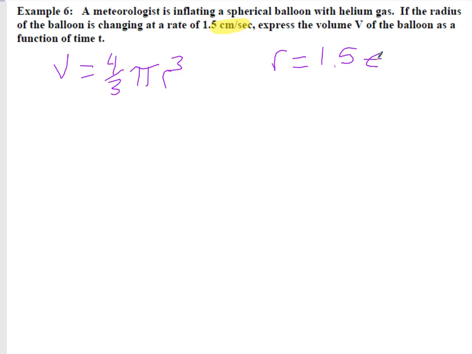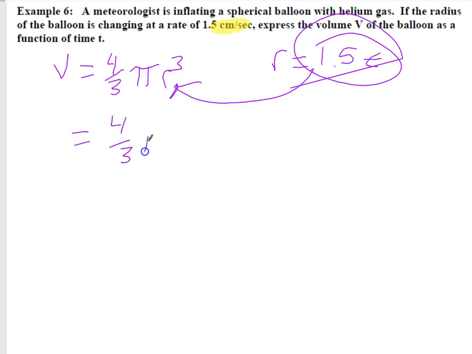It wants us to express this as a function of time. So really what we're going to do is take out this r, and plug this radius part into the radius part of this function for our volume. So we're going to do 4/3 pi times 1.5 t cubed, and we're just going to simplify that.